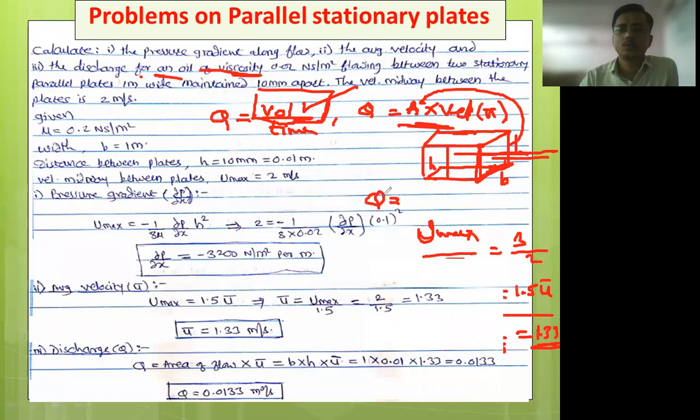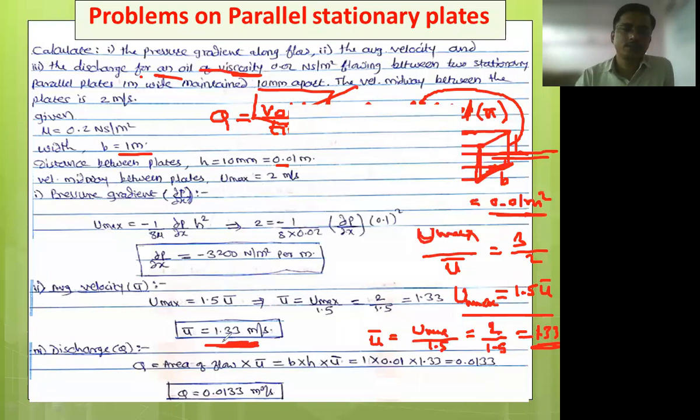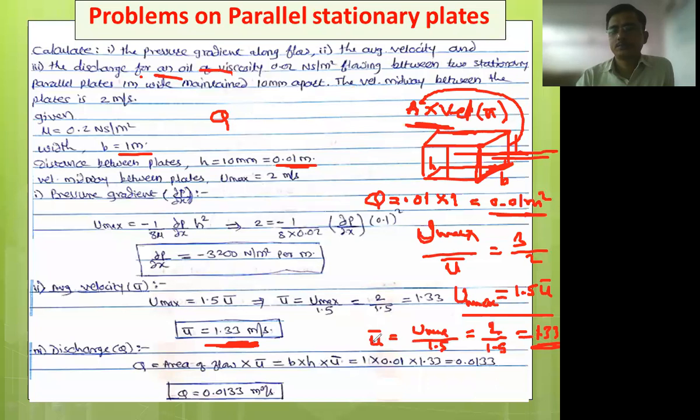Q is equal to what is h, that is 0.01 into b, width is 1 meter. You will get 0.01 meter square. So the area, multiplied by velocity. What is the average velocity? It comes 1.33. So 1.33 multiplied by the cross section area.